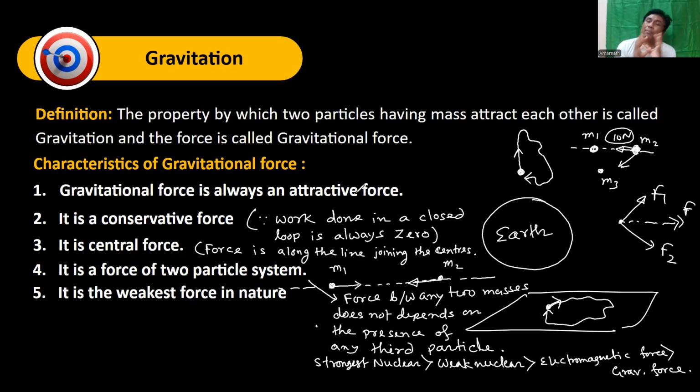If a particle is here, say this is the Earth, and another planet is billions of light years away, this mass can also exert a force on that, because gravitational force is a very long range force. Electrostatic force is not a long range force, remember. Say two protons will repel; we understand that two like charges will repel. Say this is a proton, this is a proton. So they should repel each other.